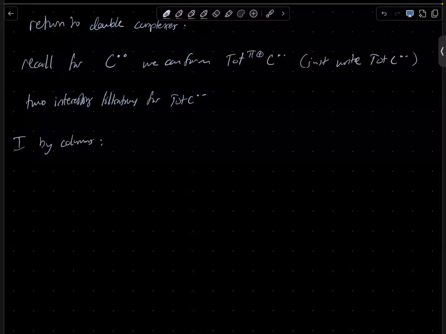I'm going to write down the pieces of the filtration, and then I'll draw the picture. I write this I behind it because the next one is by rows and I want to distinguish, since the notation will look very similar. So I'm just going to say F^K Tot C.